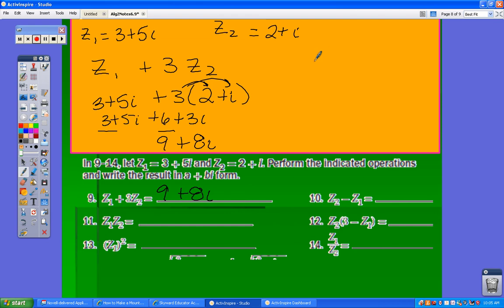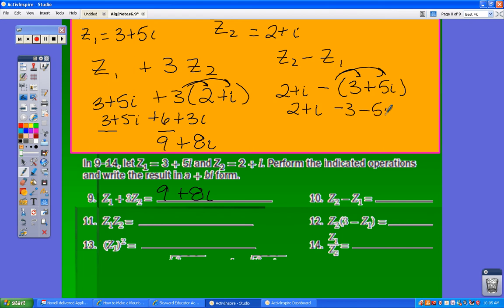Okay? Z2 minus Z1. Again, substitution. 2 plus i minus parentheses 3 plus 5i. Distribute that negative. 2 plus i minus 3 minus 5i. 2 minus 3 is negative 1. i minus 5i is negative 4i.